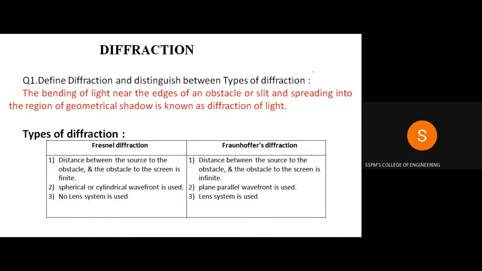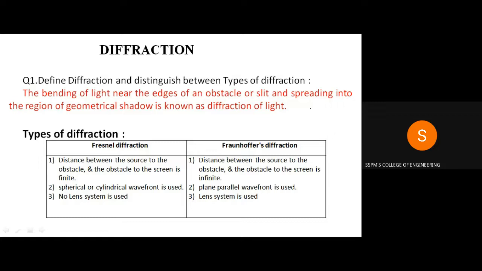The bending of light near the edges of an obstacle or slit and spreading into the region of geometrical shadow is known as diffraction of light.